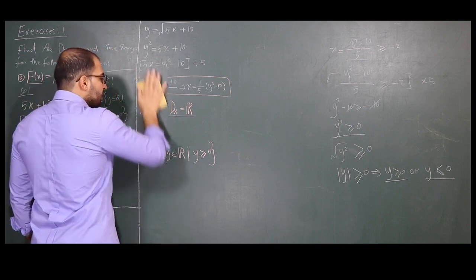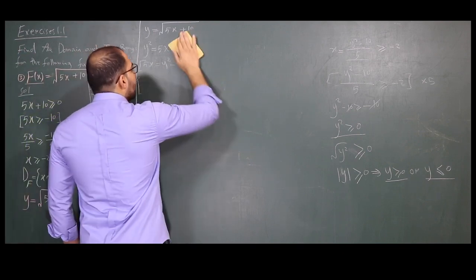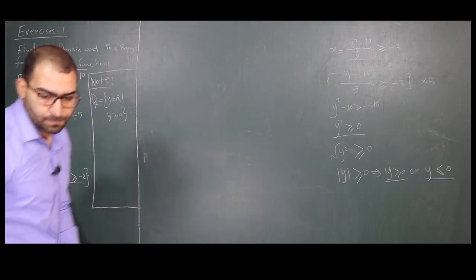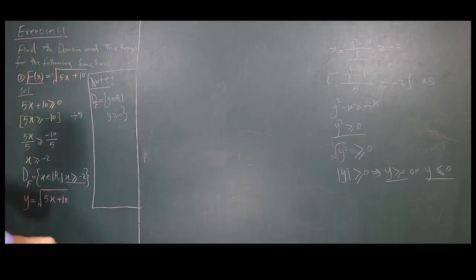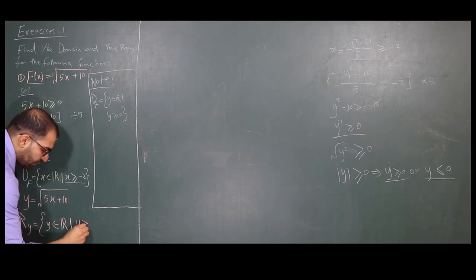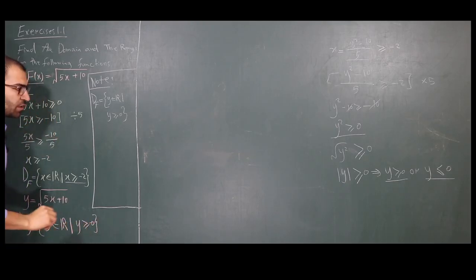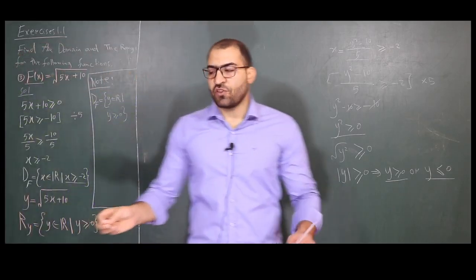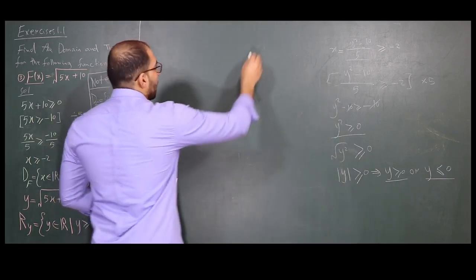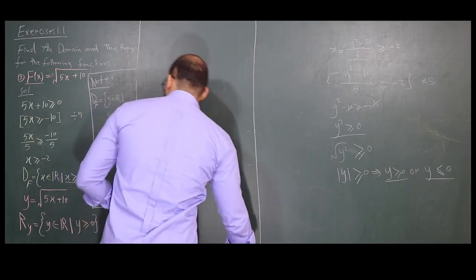So I'm going to erase this just to save the board, and you can just record these notations before I erase it in the video. So we can say now the range of the function is all y belongs to the real line such that y is greater than or equal to 0. I can't just write notations without explaining and telling you where I get that notation from.